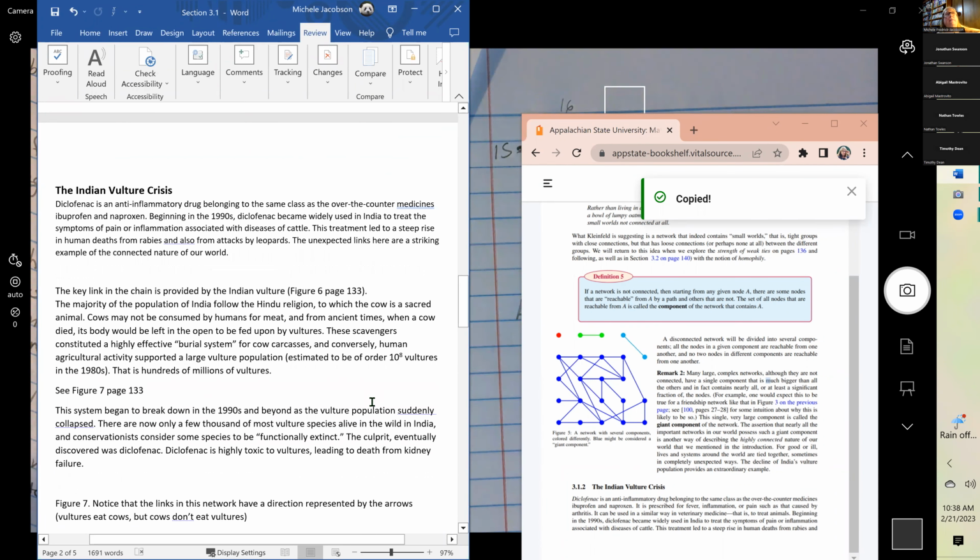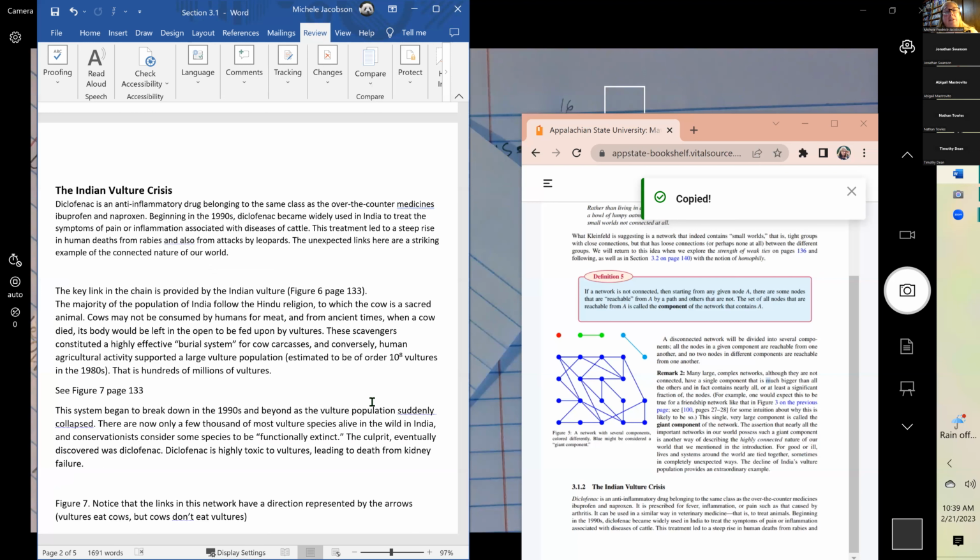I never thought of using networking in this manner, and I think it was a really interesting topic. It's in the book, the Indian vulture crisis. Diclofenac is kind of like an over-the-counter ibuprofen or Tylenol. In the 1990s, it became widely used in India to treat pain with their cattle.